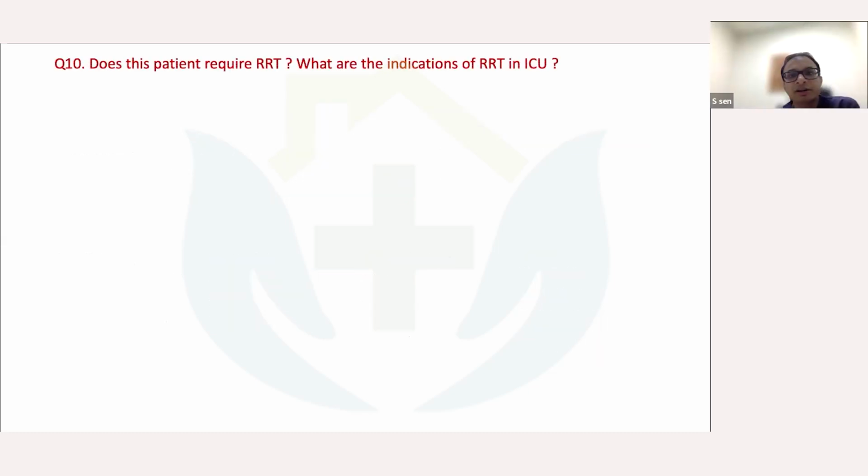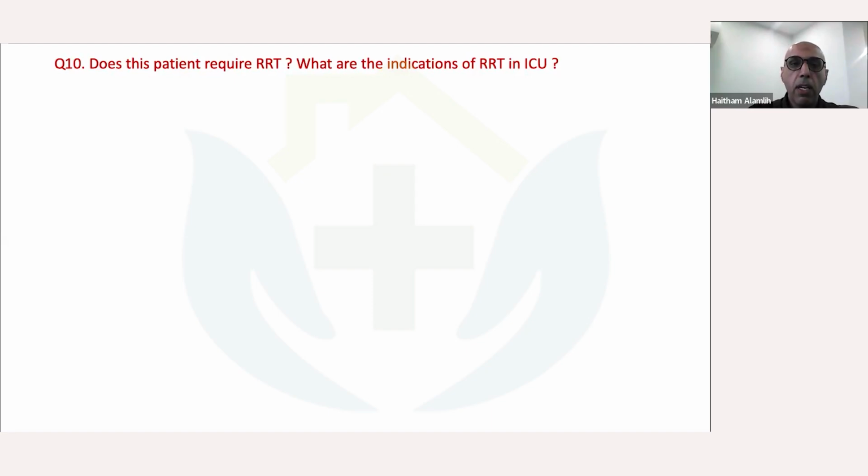Does this patient require RRT? Okay, so this patient already has hyperkalemia and severe metabolic acidosis. If we cannot treat the potassium and the acidosis medically, this patient will need CRRT or renal replacement therapy anyway.